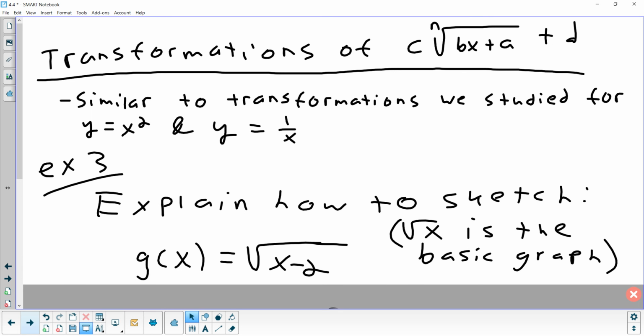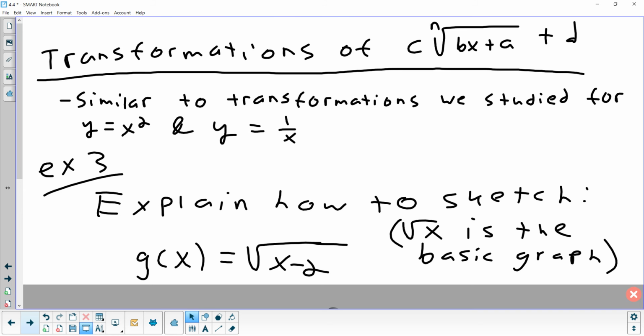D is a vertical shift. Yep. Adding and subtracting is always a shift. Multiplying is always a stretch. Inside the function is always a horizontal operation. Outside the function is always a vertical operation. And that's true for every single function that we ever study.